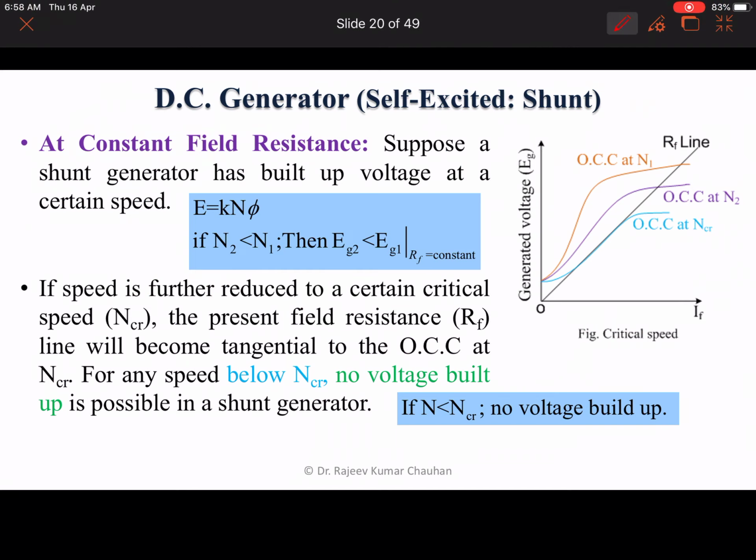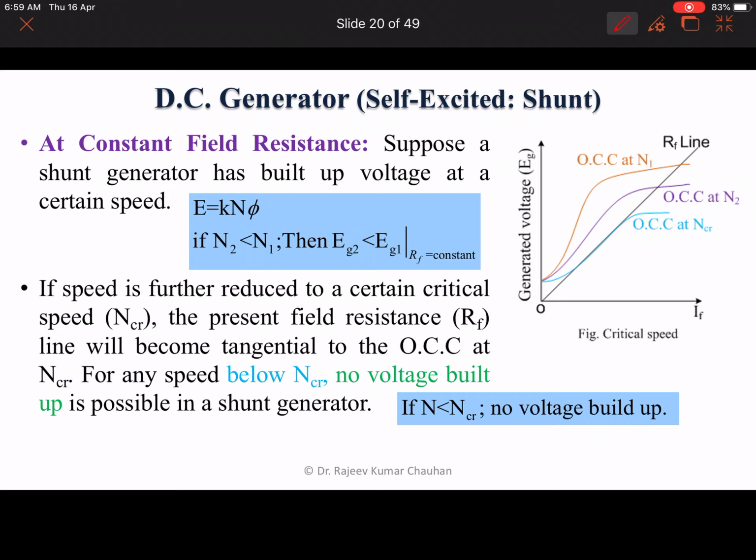Now the next case is at constant field resistance. We keep the field resistance constant. Suppose a shunt generator has built up voltage at a certain speed, E is equal to K N phi. Now the field resistance is constant, which means phi is constant.